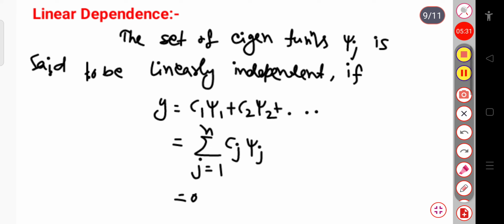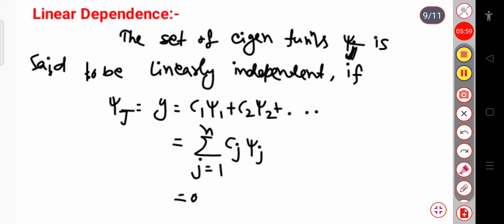Basically, linear dependence means we can represent any eigenfunction, suppose capital psi J, as a linear combination of the other state functions, psi1, psi2 and so on, with coefficients multiplied, that is c1 psi1 plus c2 psi2 plus so on.